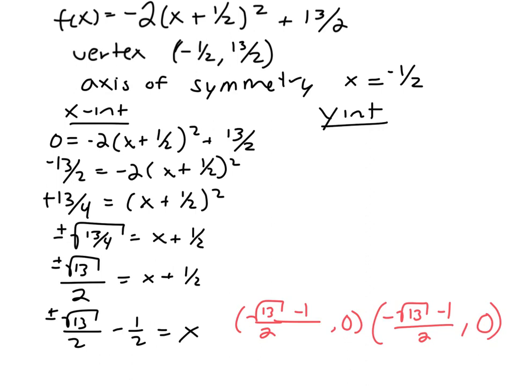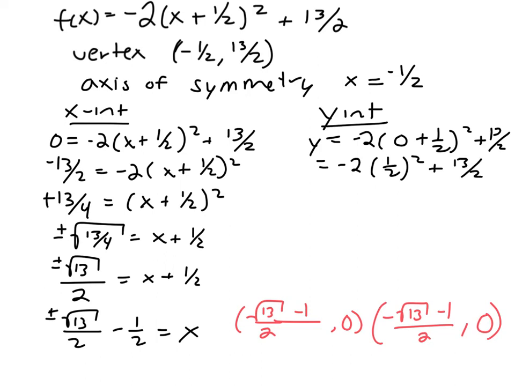So let's plug in 0 for x. So I'll get y equals negative 2 times 0 plus 1/2 squared plus 13 over 2. So that is negative 2 times 1/2 squared plus 13 over 2.